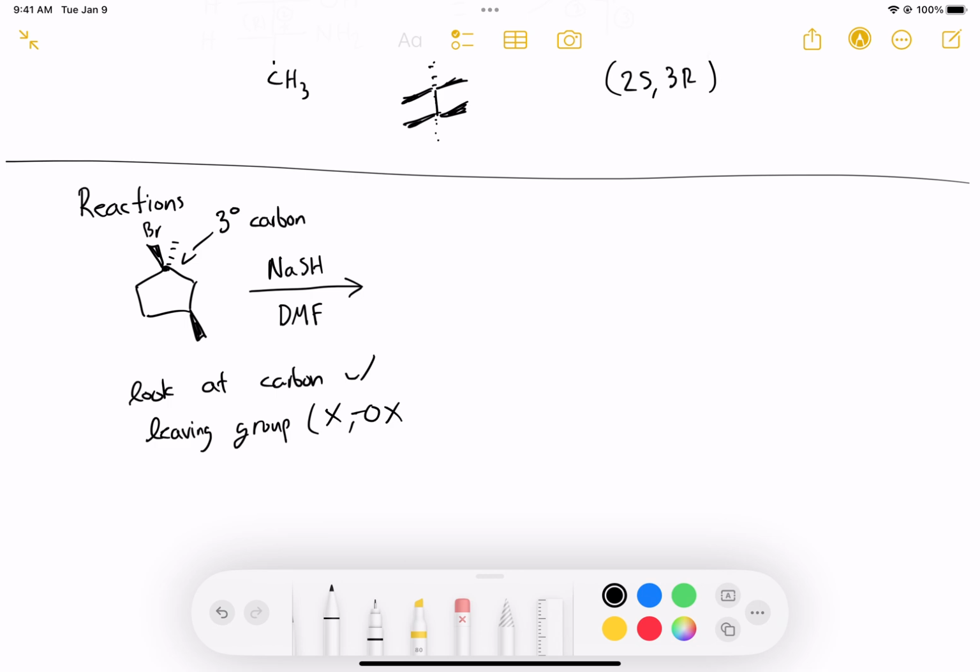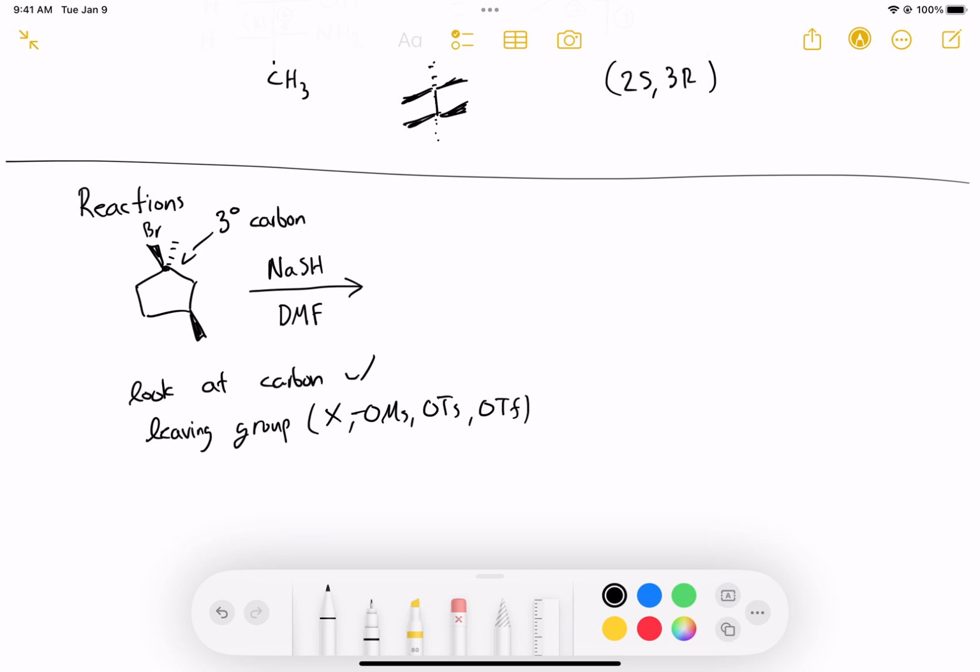X has to be like a halogen or one of those sulfur leaving groups, you know, like OMs, OTs, and then OTf, those groups. So you should know what those structures look like. And when we encounter it, I'll draw it for you.